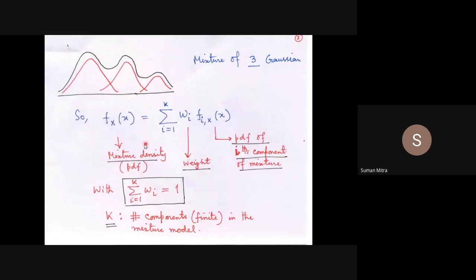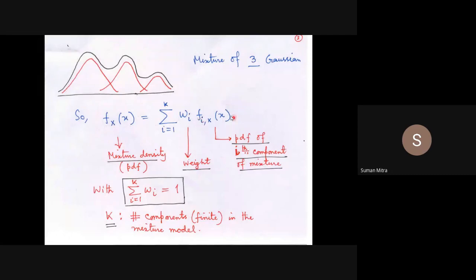So this is the PDF of the finite mixture model. And what are these? This is the PDF of the ith component of the mixture model. So be very careful.